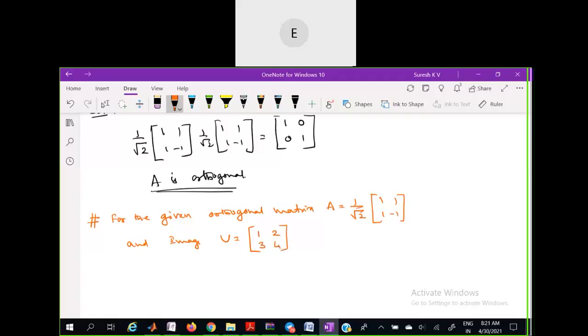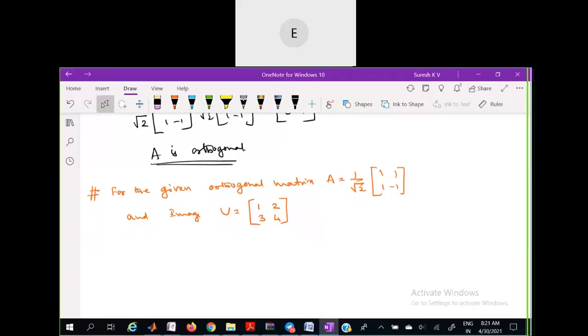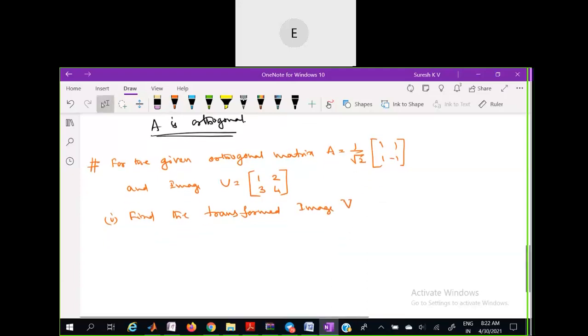This is an image, so it's a 2 by 2 image. The problem that is given to you is to find the transformed image V. That is the first thing.